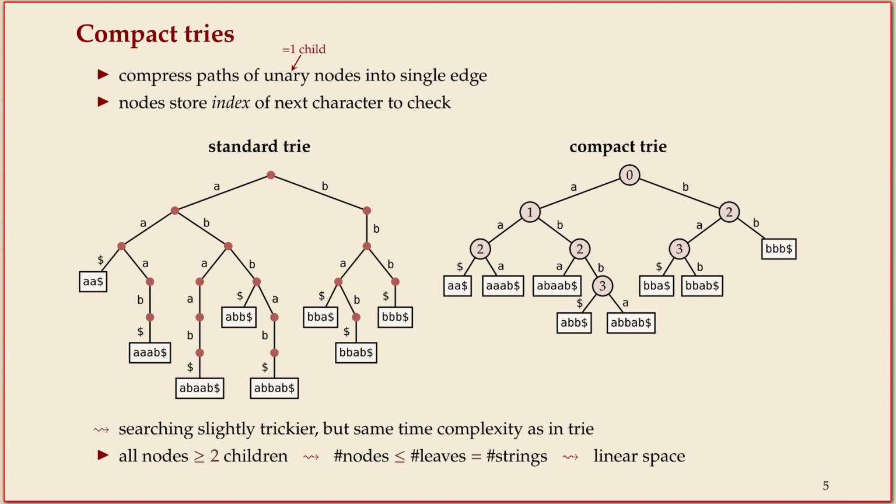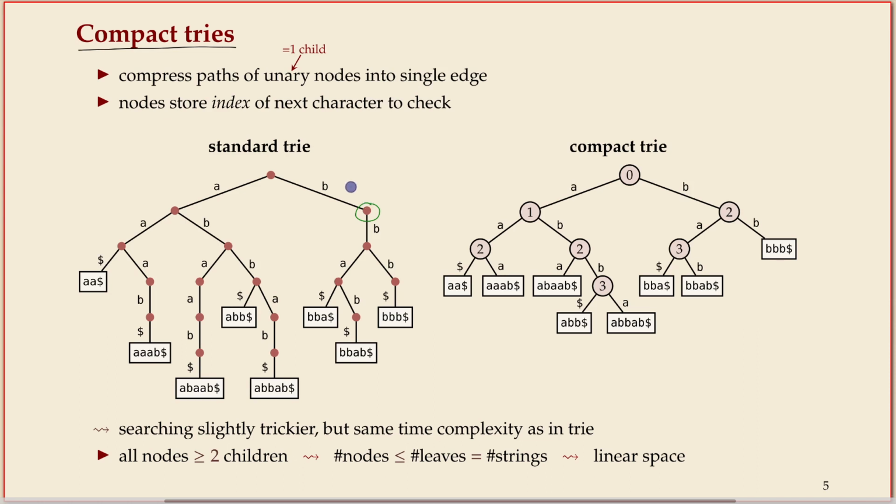And the answer to that is called a compact trie. It's a very, very simple little trick that just gets rid of these long tentacles at the end. Whenever you have in a trie a path where one node has just a single child, you get rid of that node, you eat it into the parent. So here's the example from before, which we call a standard trie to distinguish them. It has a bunch of these parts where it has unary nodes, for example, this one.